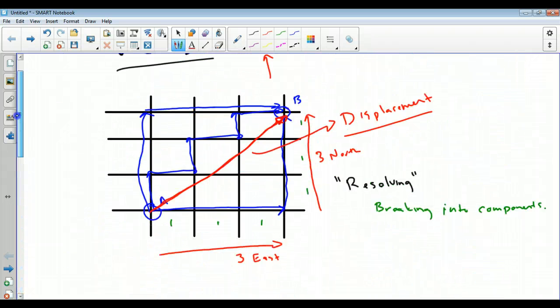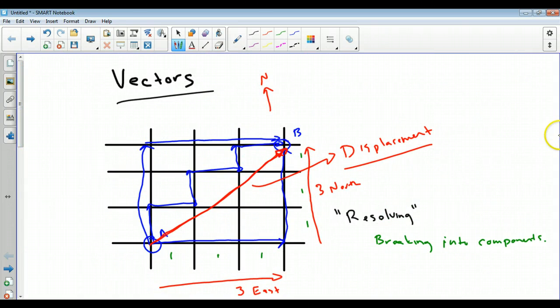So if I started at point A and I went up at an angle of 45 degrees and I went the equivalent distance of 3 root 2 blocks, 3 times the square root of 2 blocks, then I would end up at point B. Alternately, I could go 1, 2, 3 blocks to the east and 1, 2, 3 blocks north, and I would also end at the same location.